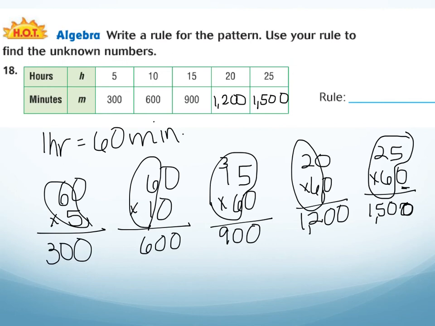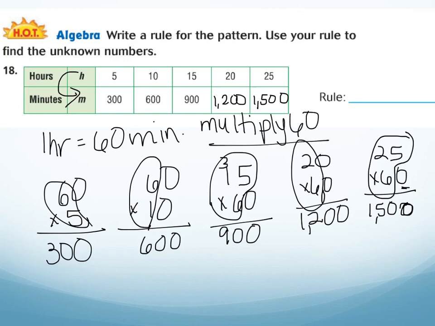To write the rule for my chart, I have to remember to go from hours to minutes, or the top to the bottom, not across my rows. Since 1 hour is 60 minutes, I multiplied by 60 to find my missing numbers.